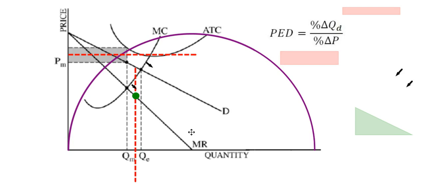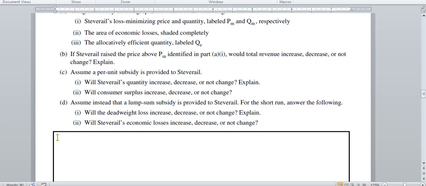Now, let me go back to make sure what it's asking. Okay, quantity. So it didn't ask you about the price, but you should know that if quantity is going to go up, price is going to go down.